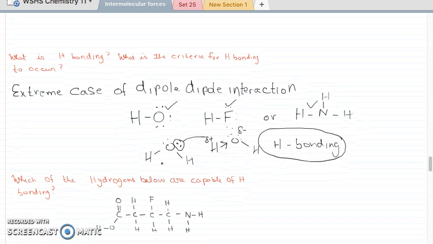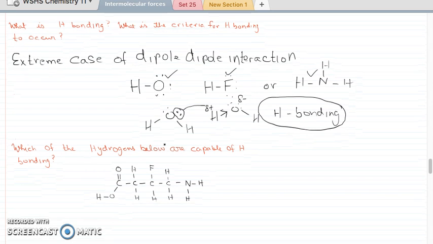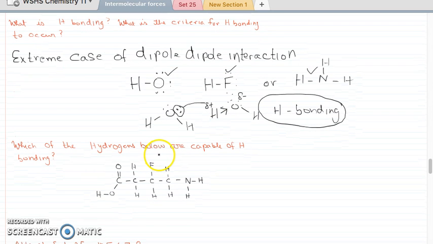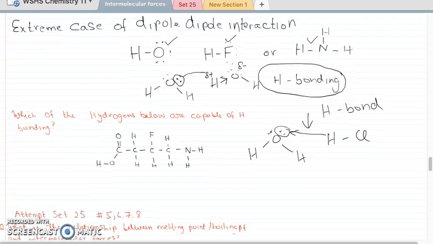Now, a quick question that I would want you to think about in the next 1 minute is, in this molecule below, which of the hydrogens are capable of hydrogen bonding? I'll pause here and let you do the thinking. Thanks. Which ones of these are capable of hydrogen bonding?